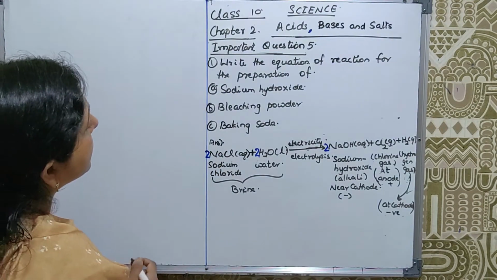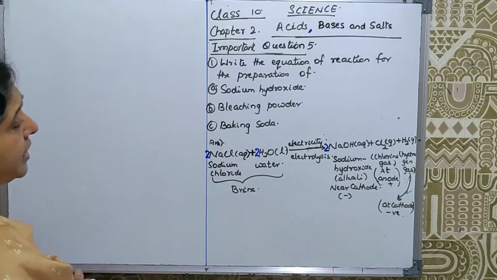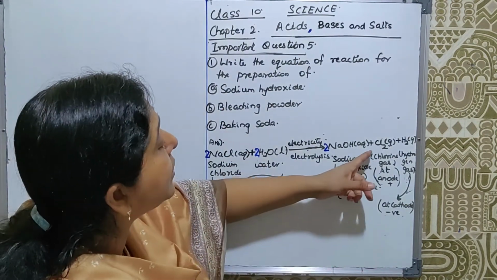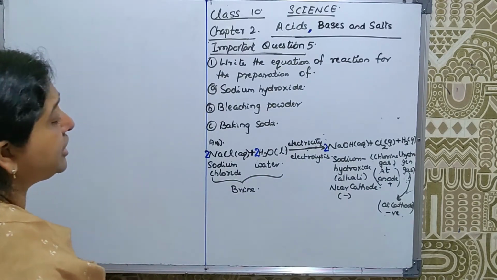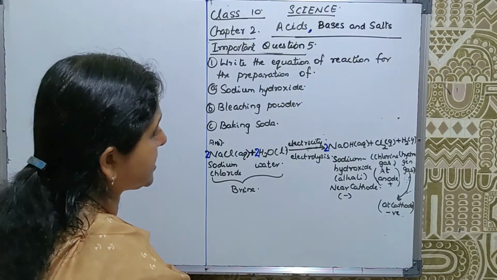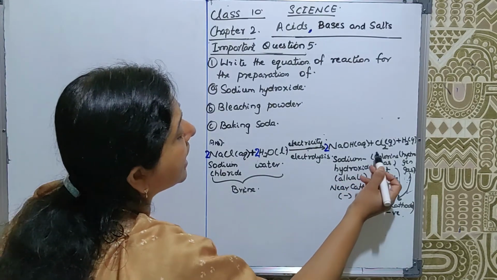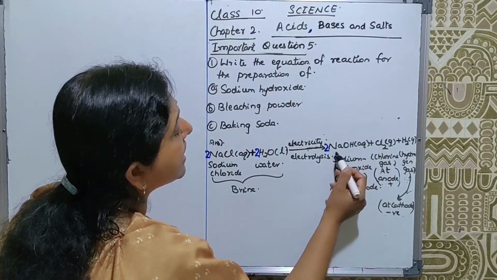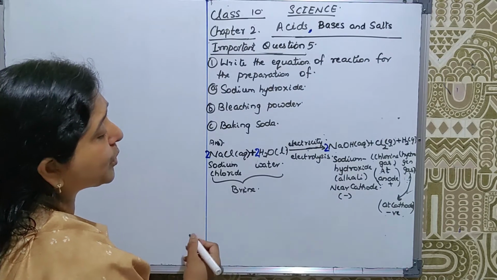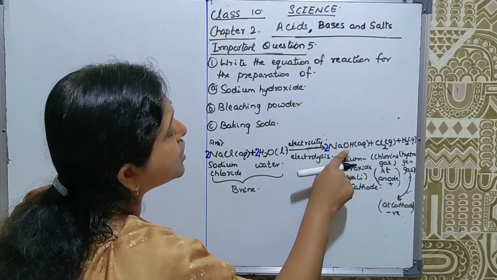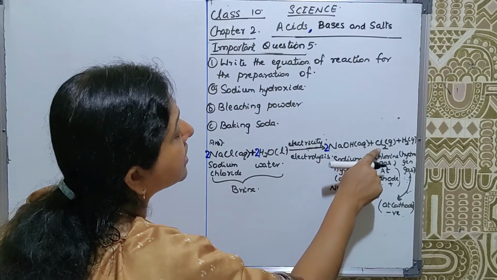Now next one, preparation of bleaching powder. An indirect question will be there for the preparation of bleaching powder. One more thing: this process is called the chloralkali process. During the preparation of sodium hydroxide, chlorine gas is produced and alkali is also produced. So this process is called the chloralkali process because of the alkali, sodium hydroxide, and chlorine.